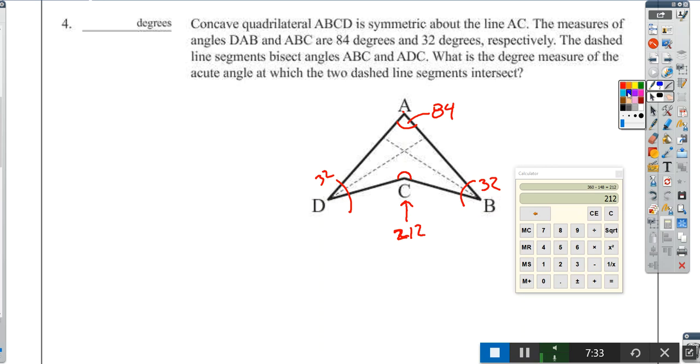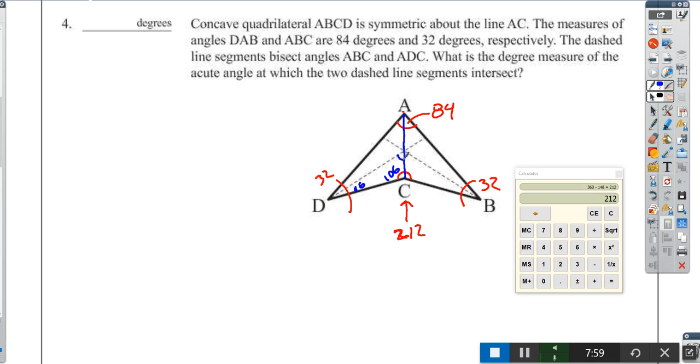All right. Well, as this thing is drawn, that is super helpful, don't get me wrong. But does it relate to this intersection at all? Well, no, not really. So I am going to draw in that straight line. And notice how it goes right in between these. And so I know that this line bisects this angle. So this angle here has to be 16. If this whole angle is 212, that means this is 106.